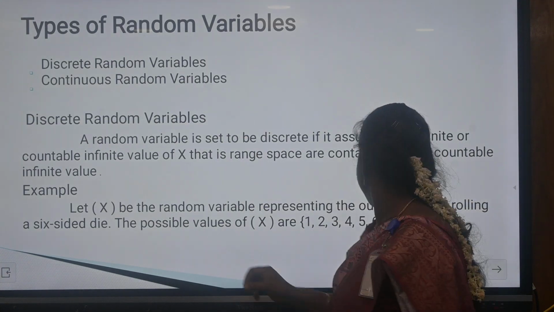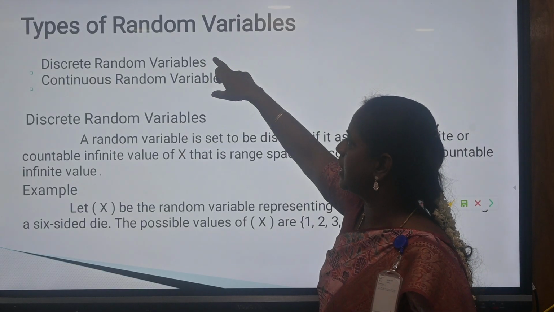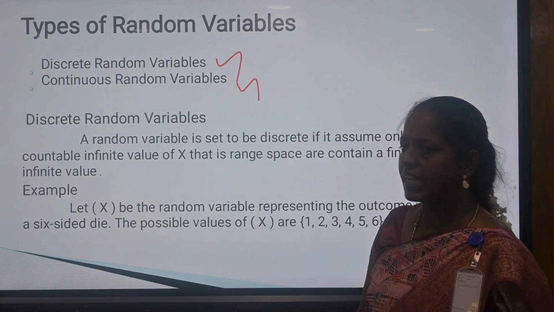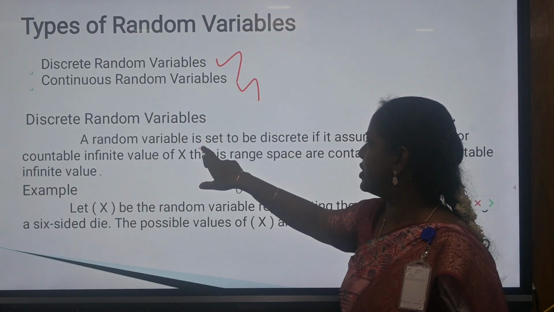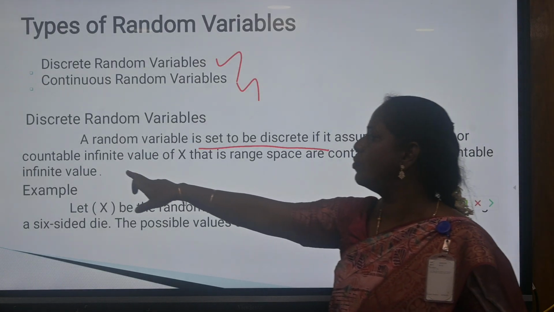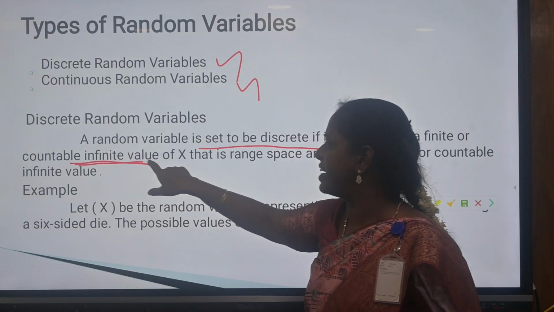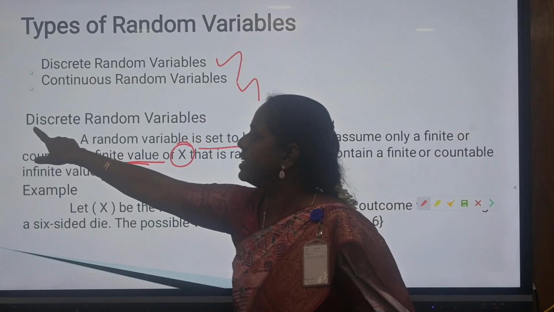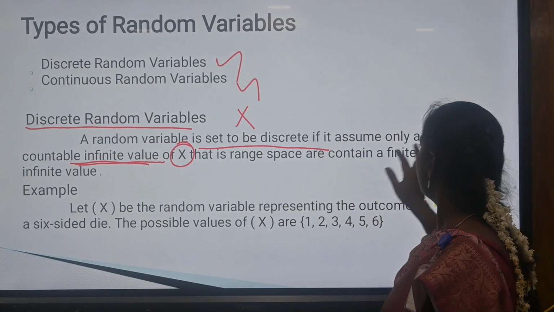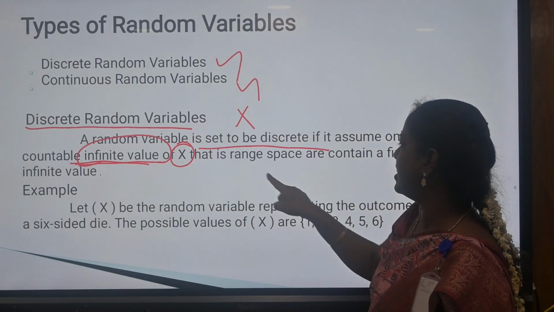Types of random variable. There are two types of random variable. The first type is discrete random variable and the second one is continuous random variable. A random variable is said to be discrete if it assumes only finitely many or countably infinite values of X in the range space.